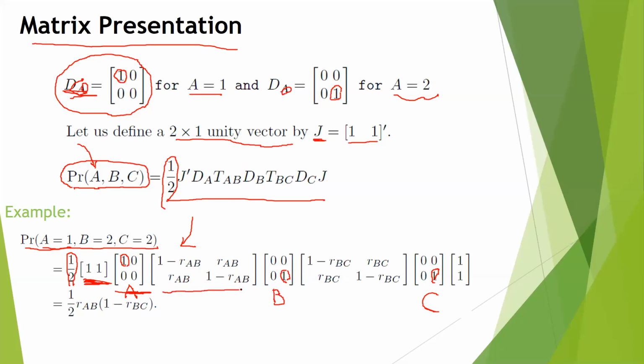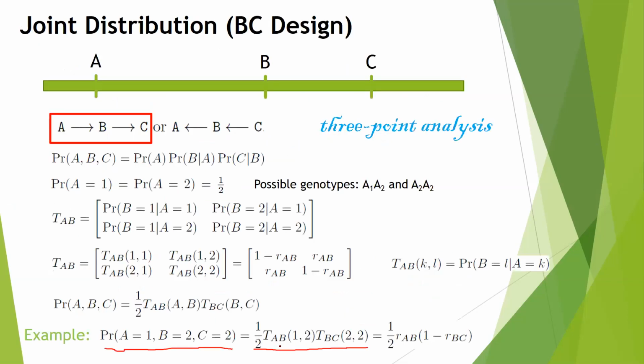And the same here, we put the entire transition matrix here. So this is the TAB, because you see the RAB in this matrix, right? And this is the transition matrix for B and C. And in this case, you do not need to specify which element that you need to use. For example, here, you need to find which element you need to use for calculation.